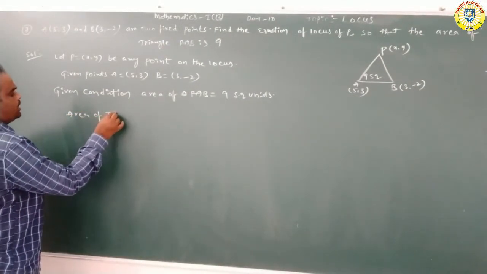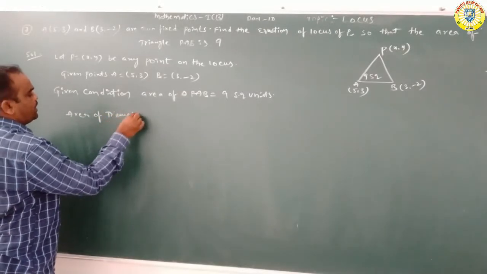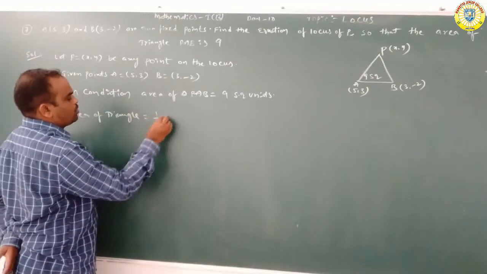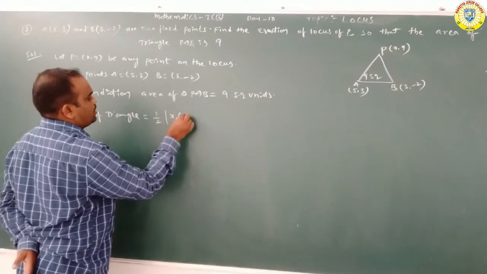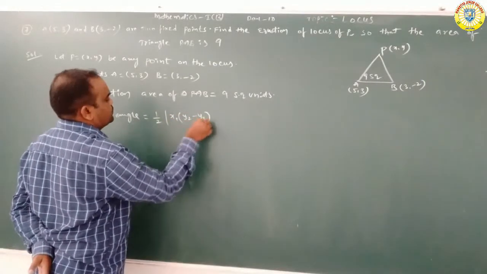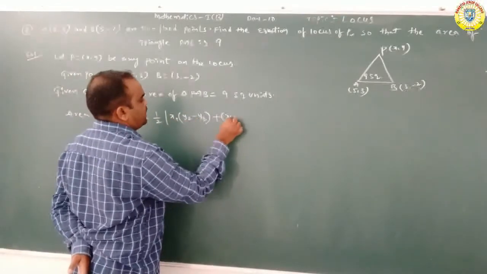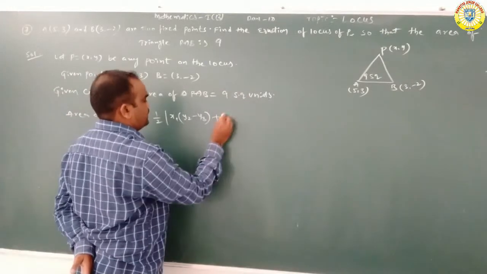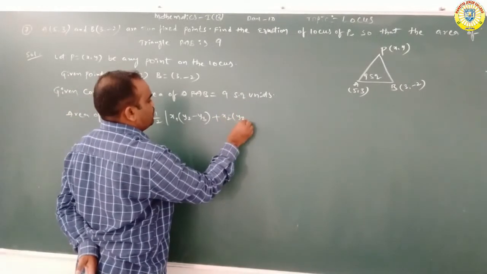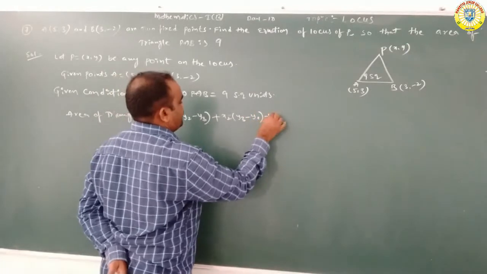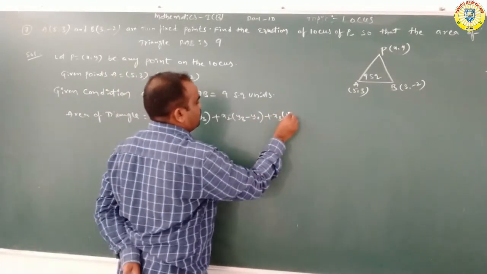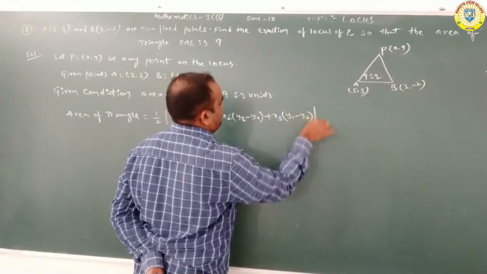Do you have an idea of the area of a triangle? That is equal to half into x1 times (y2 minus y3) plus x2 times (y3 minus y1) plus x3 times (y1 minus y2).